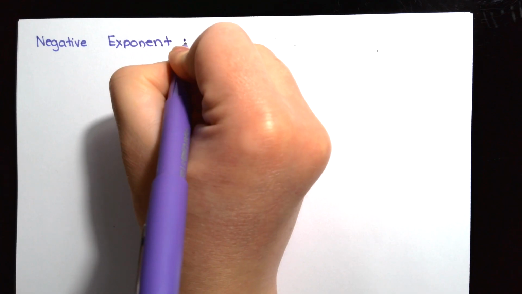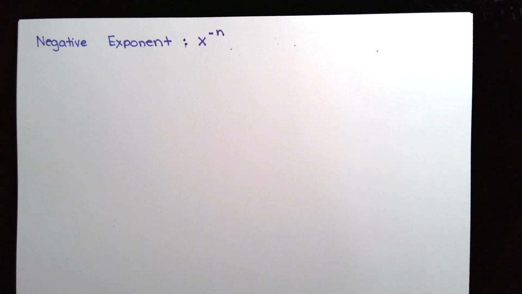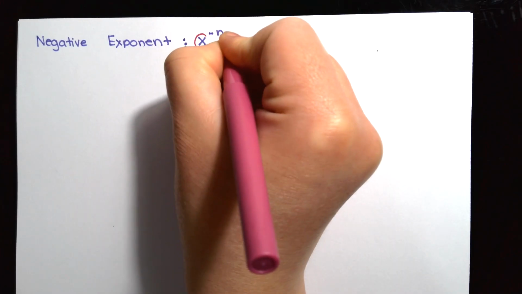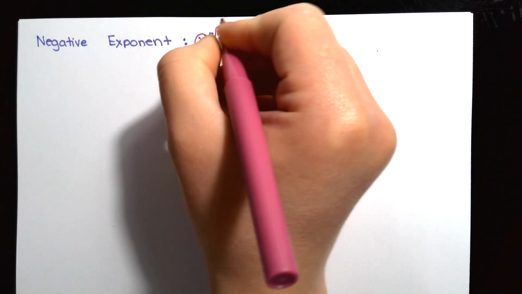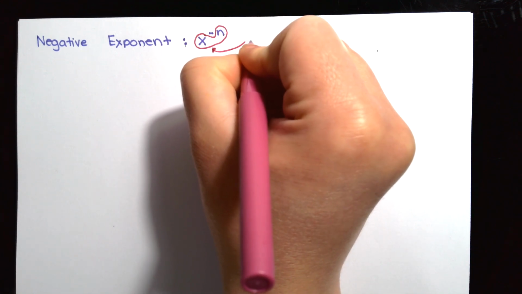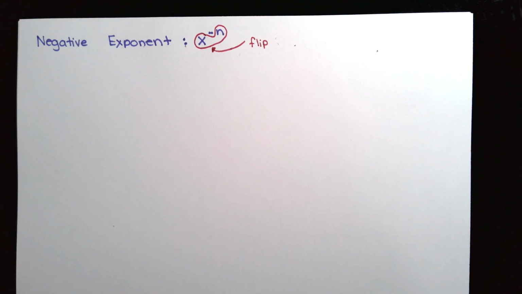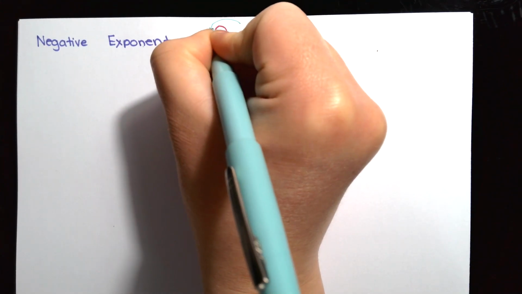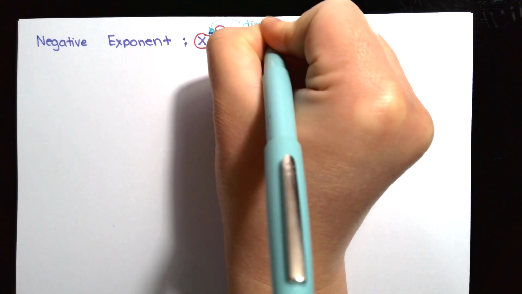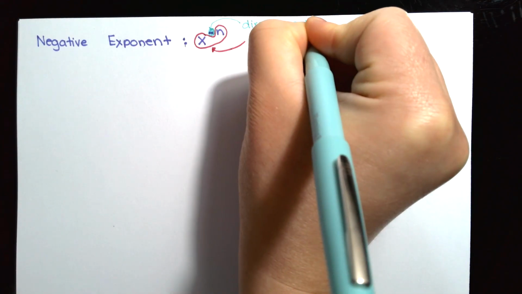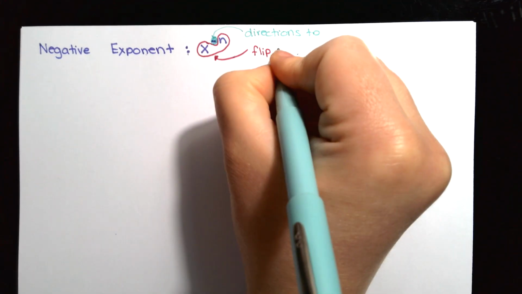So when you have an exponent that is negative, what this negative does is it takes the base and takes the reciprocal. We typically say we flip the base. And this negative, I want to be very clear, this negative gives you directions. And the direction is to flip or take the reciprocal.